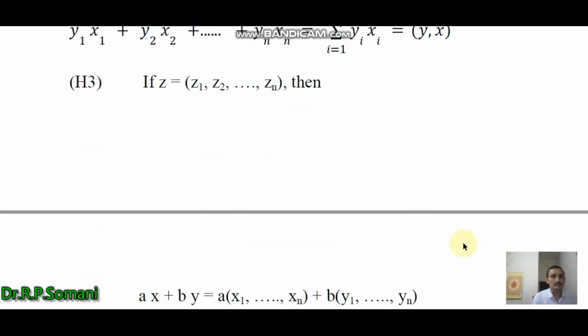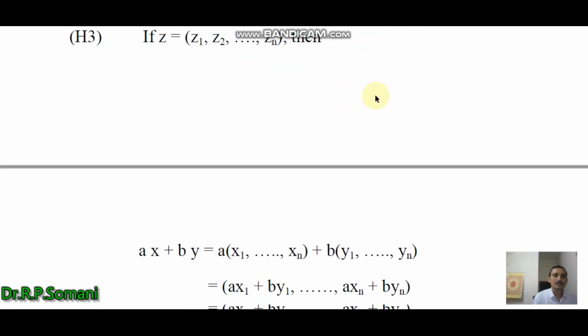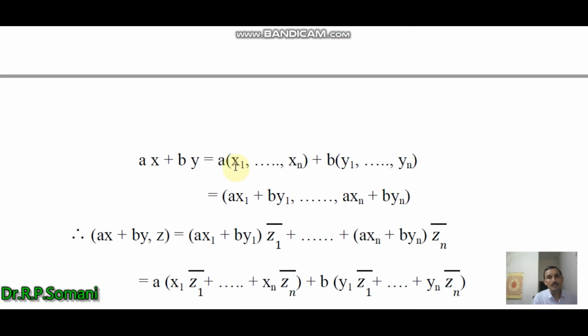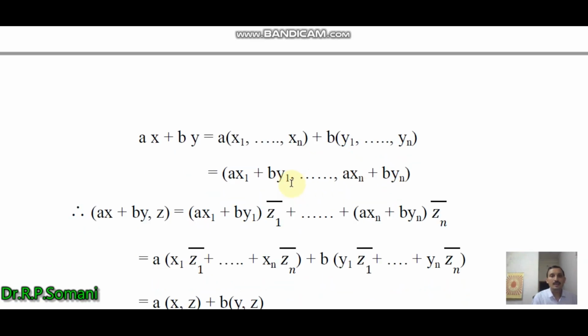For the third condition, let z equal to z1, z2 and so on zn. Then ax plus by equal to a into x1, x2, xn plus b into y1, y2, yn, equal to ax1 plus by1 and so on, axn plus byn.